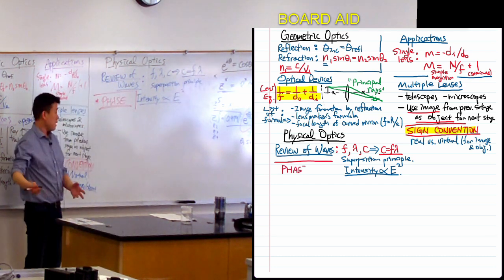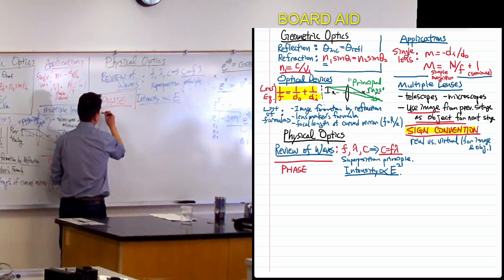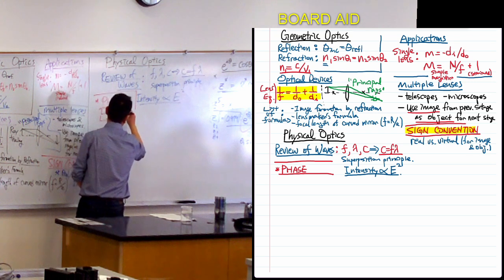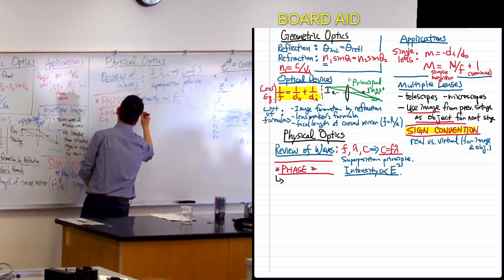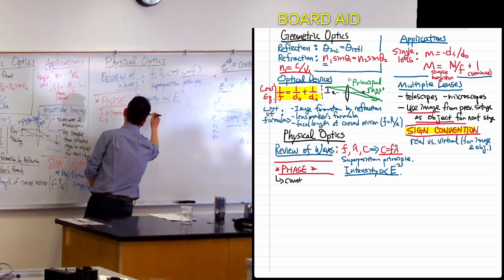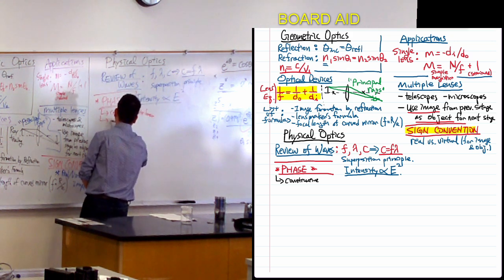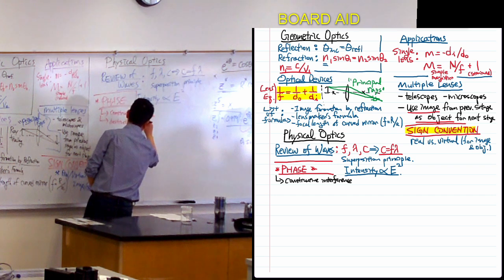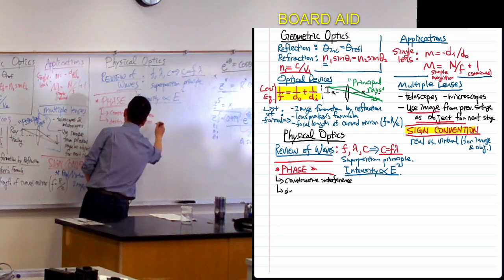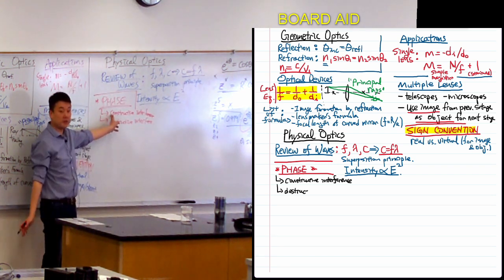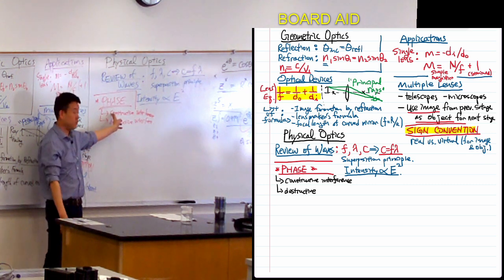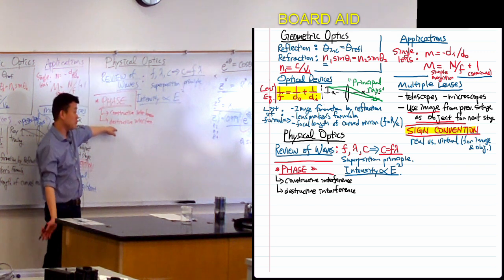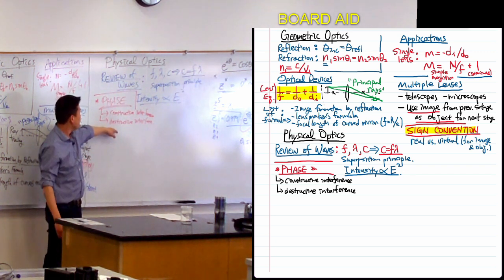You've seen that, so the role that phase plays in two categories of interference in particular: constructive interference, and destructive interference. And for those of you who feel comfortable with this, to get constructive interference, you need integral cycles of phase, or integer multiples of 2 pi. For destructive interference, you need a half integer, or odd multiples of pi.